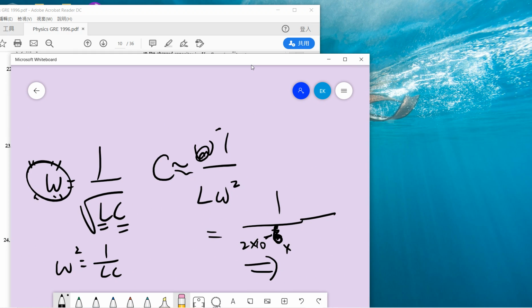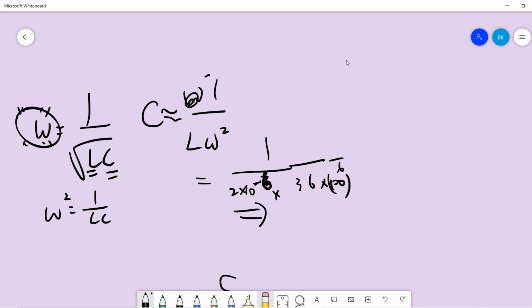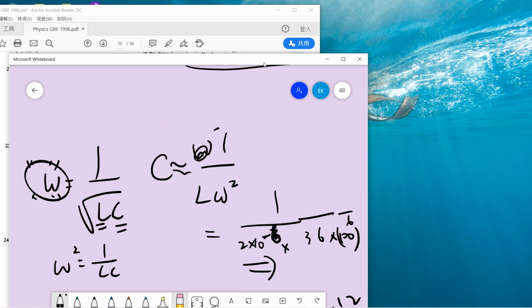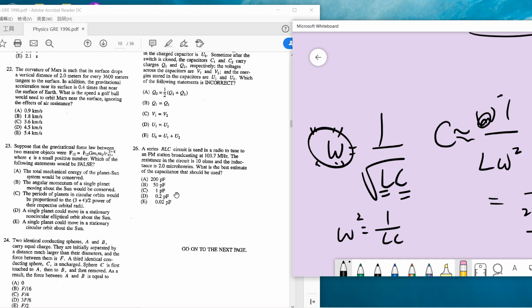So basically it's this one. So C is close to 10 to the negative 12. In electronics, 10 to the negative 12 is called pico. So pico means 10 to the negative 12.